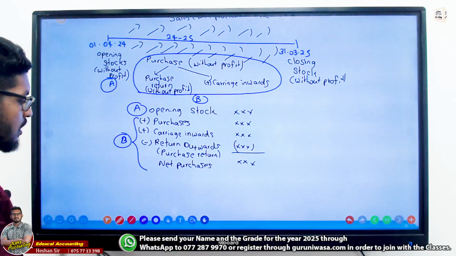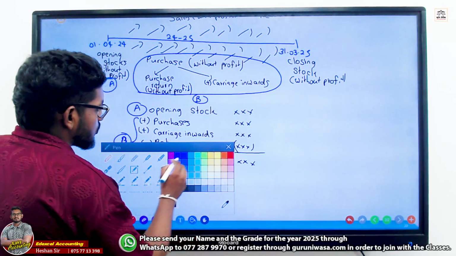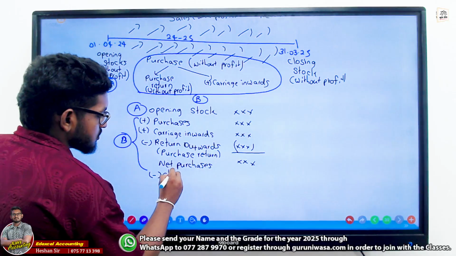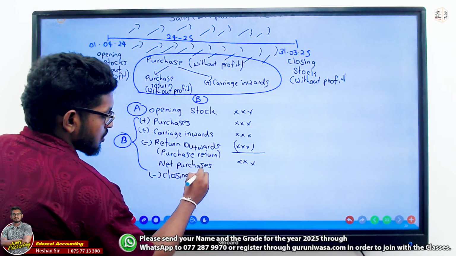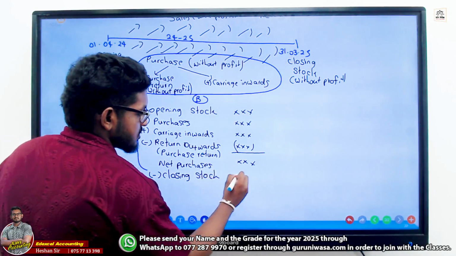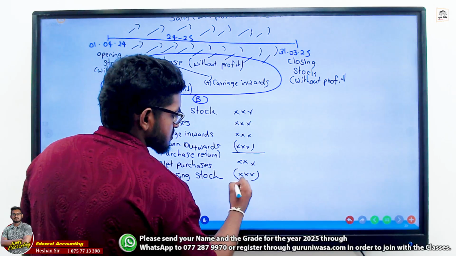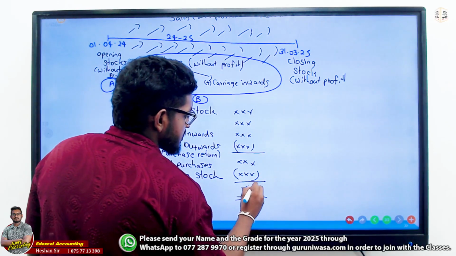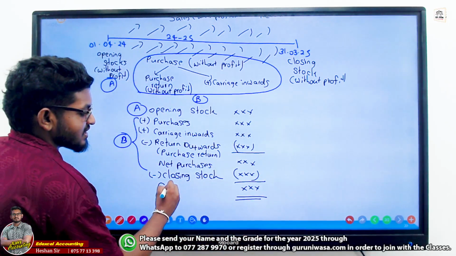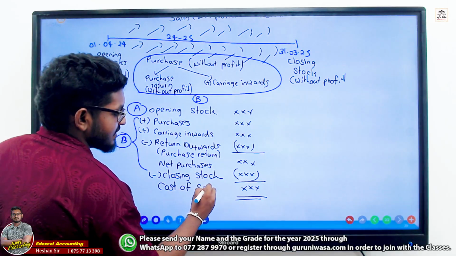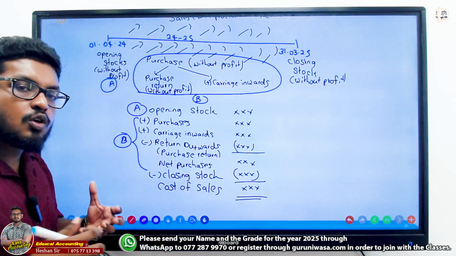So now what we need to do? We need to deduct the closing stock. Once we deduct the closing stock, then we have calculated the cost of sales. I'll repeat it again. What is the term called cost of sales?